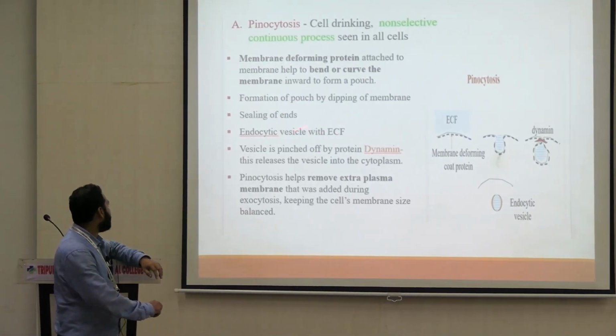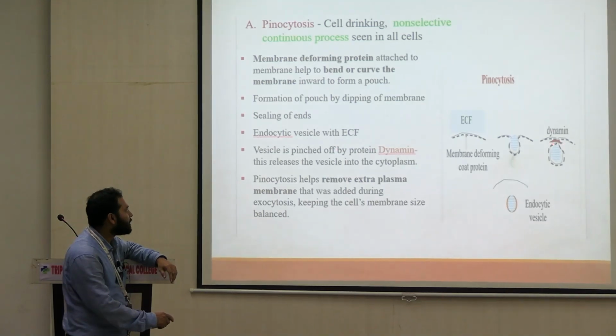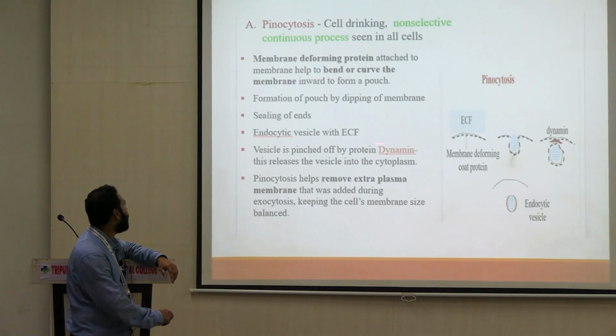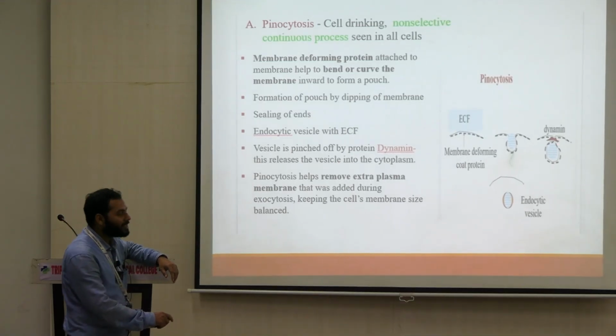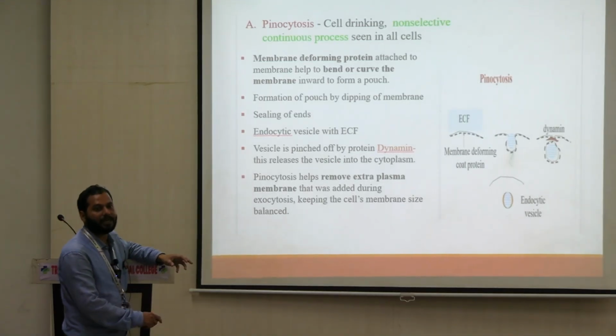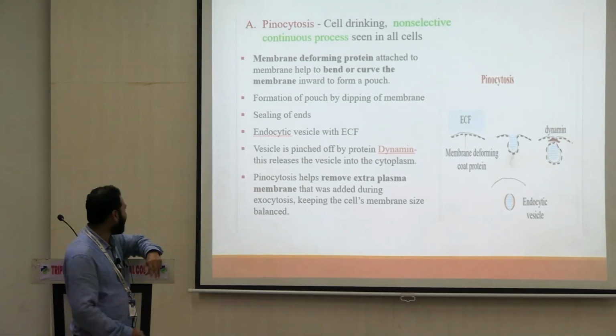Now, after the formation, the vesicle is pinched off by proteins. See, there is a role of dynamin proteins that helps in the pinch-off process, right? And ultimately, it is released inside the cell, meaning these vesicles are released into the cytoplasm of the cell.